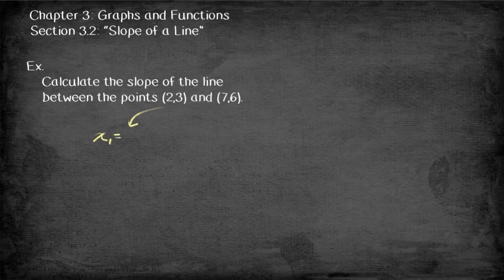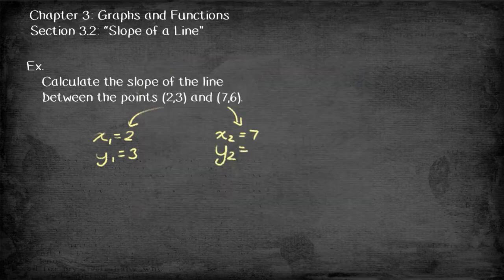Out of convenience, I'll just choose this first point to be x sub 1 comma y sub 1. But again, it doesn't really matter which is 1 or which is 2, so long as the correct numbers are paired together.